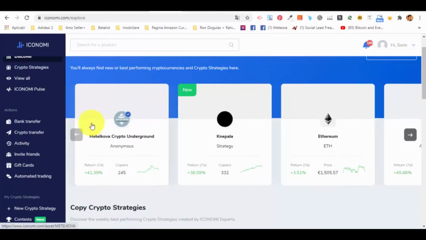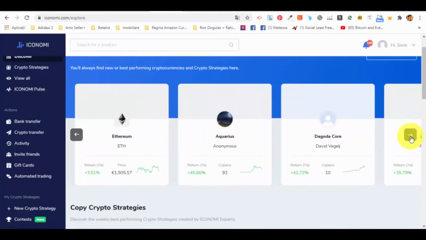Okay, these are some copy strategies that they are recommending at the moment. As you can see, some of them have spectacular results in our opinion. 40% return in the last 7 days, it is something extraordinary. 49% again, something extraordinary, and so on.